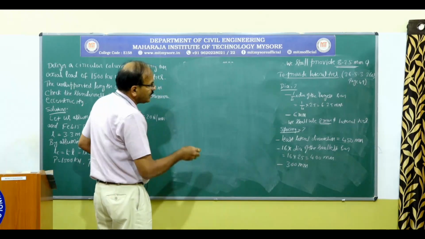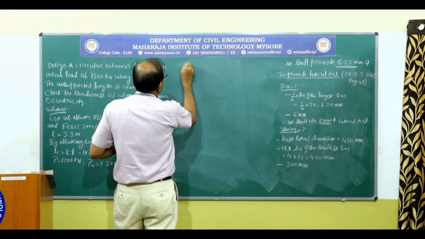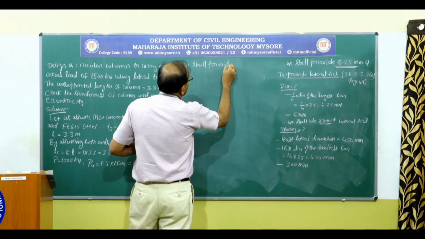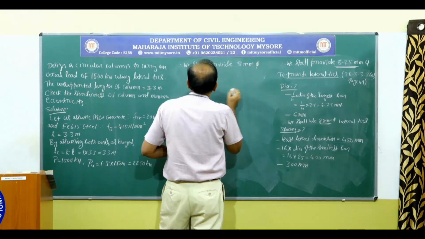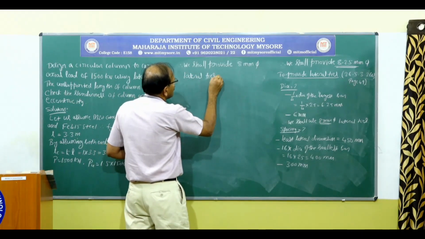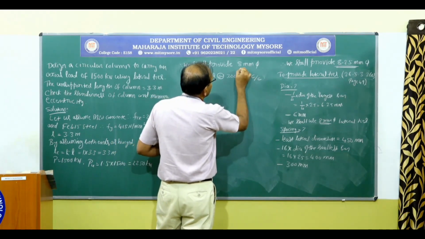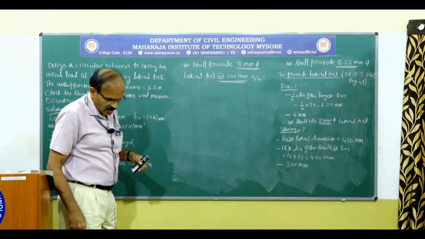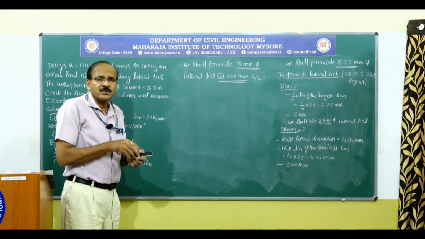So continuing, therefore we shall provide 8 mm dia lateral ties at 300 millimeter center to center. Okay, this completes the design part. The next part is detailing.